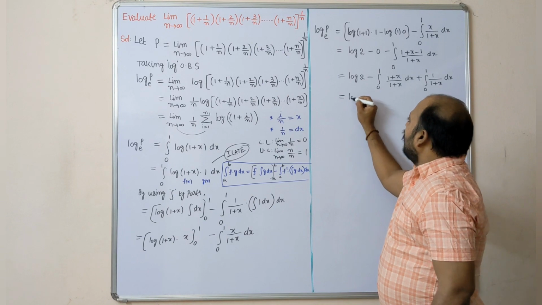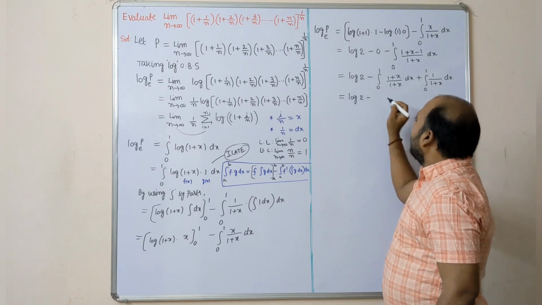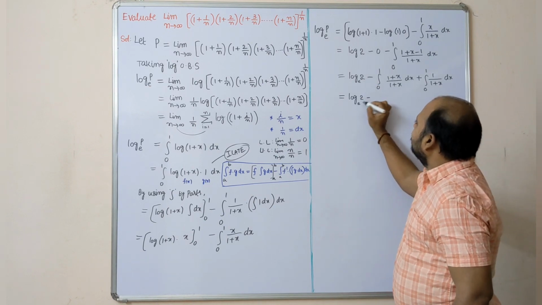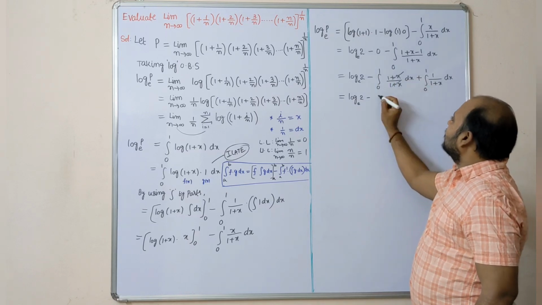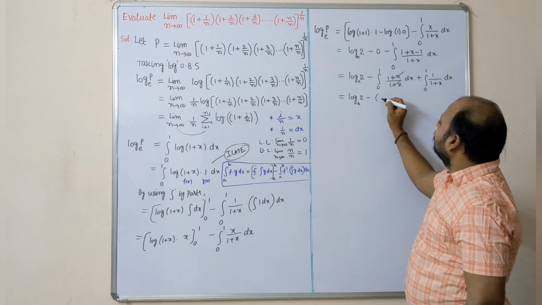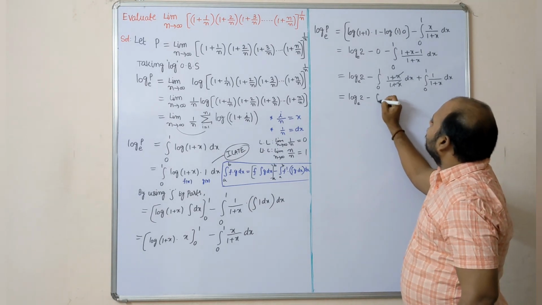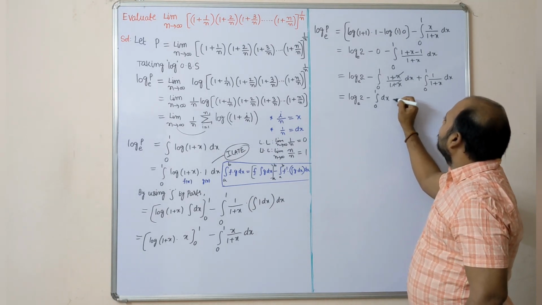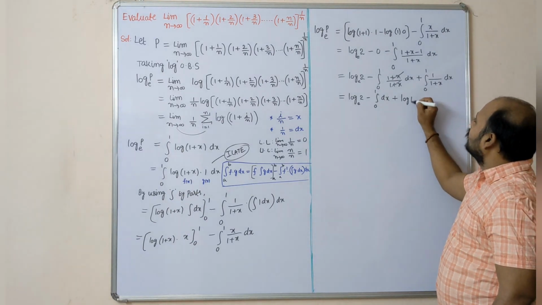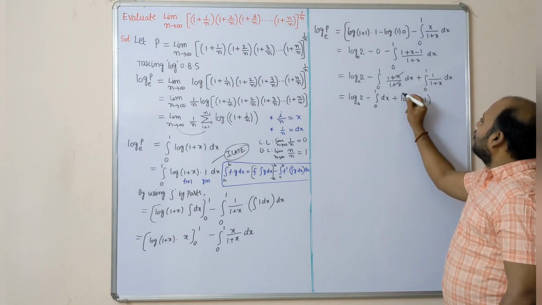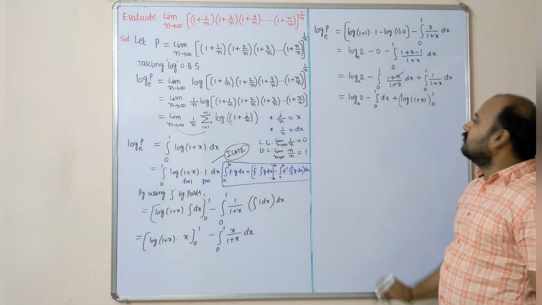So this is equal to log 2 to the base e minus, here these two will cancel, integral dx is x. For your convenience I'll write it: integral 0 to 1 dx plus integral 1 by x means log mod x, here compulsorily we should write, applying the limits 0 to 1.